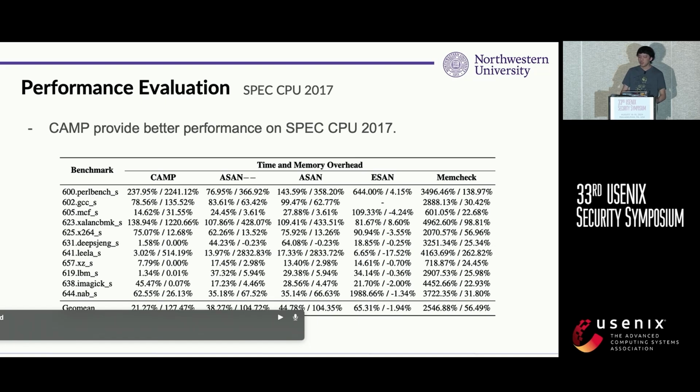We utilized the geometric mean to represent the average overhead of each system, and CAMP gets the best performance overhead of 21%, while other tools like ASan, HWASan and Memcheck have higher overheads.